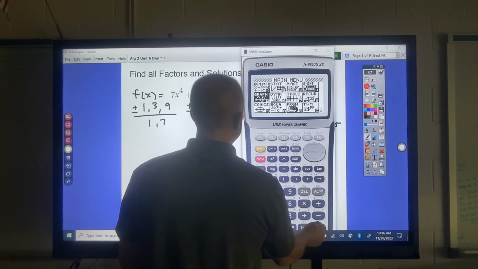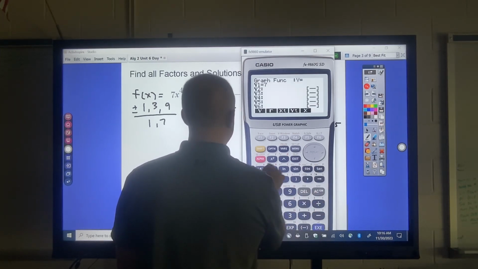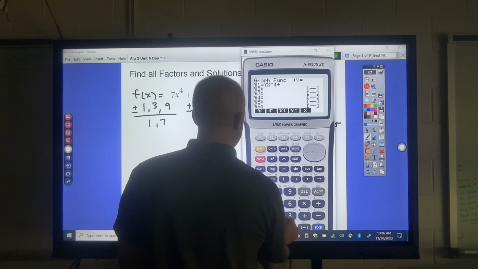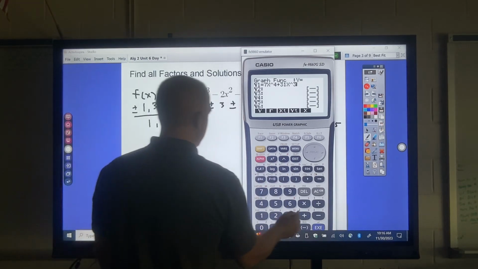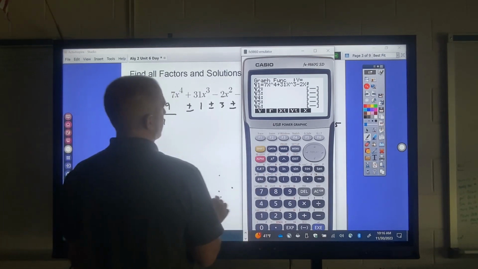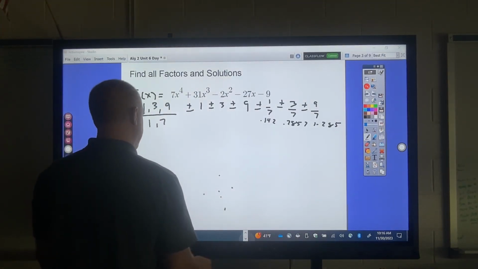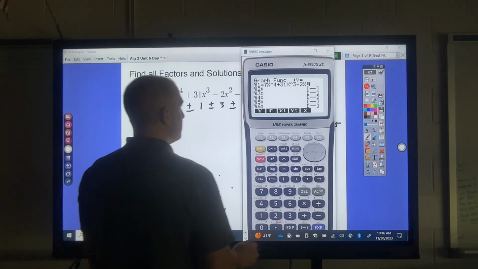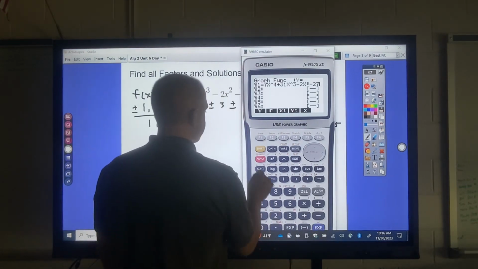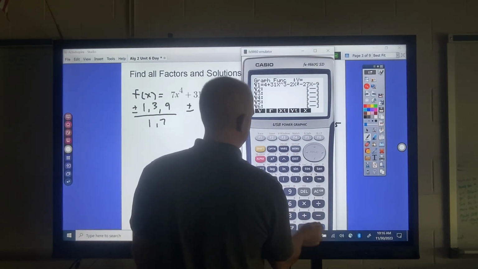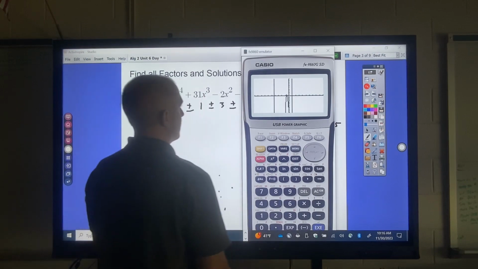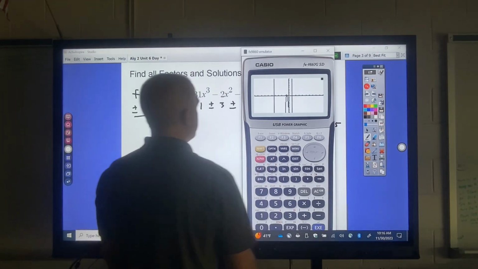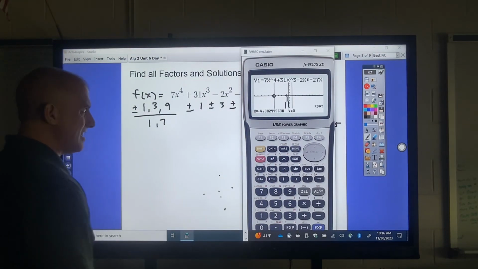All right. So what I want to do with this, go ahead, type this in. I go to graph. All right, I got 7x to the 4th plus 31x cubed minus 2x squared minus 27x minus 9. Okay, G-solve root. All right, that's not one of them.